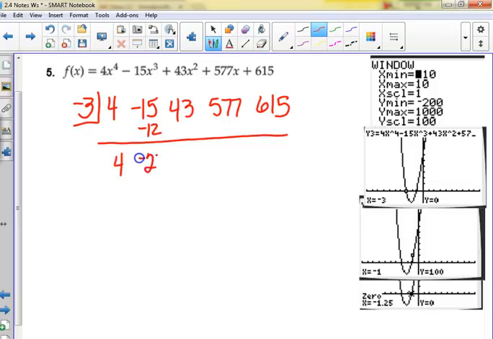Add and get negative 27. Multiply and get 81. 124 times negative 3. Added to 577 times negative 3 is negative 615. We did good. Okay, but now what do we have to use?